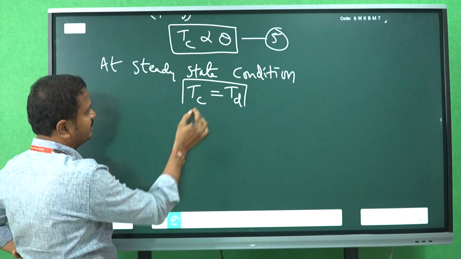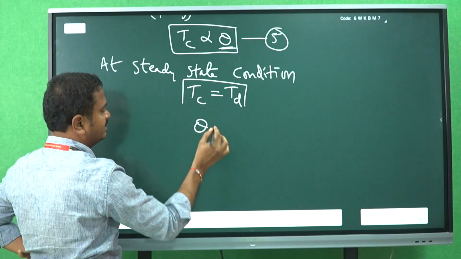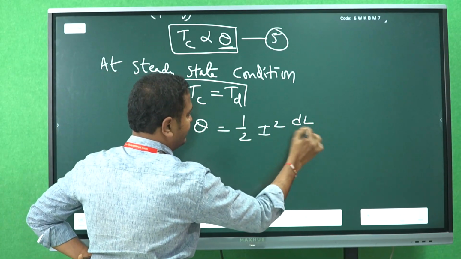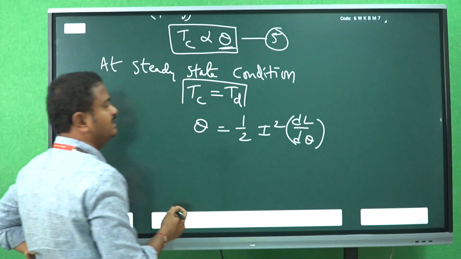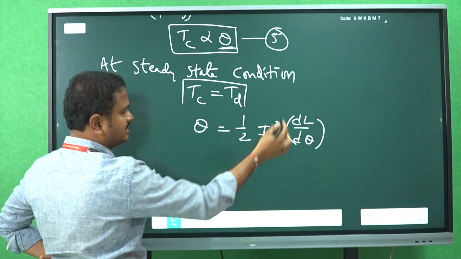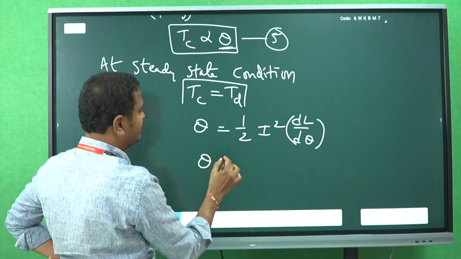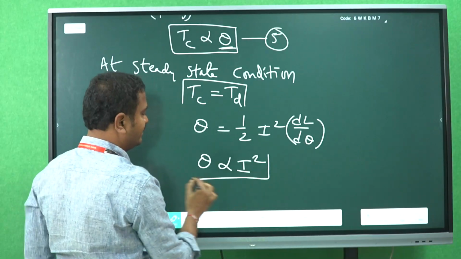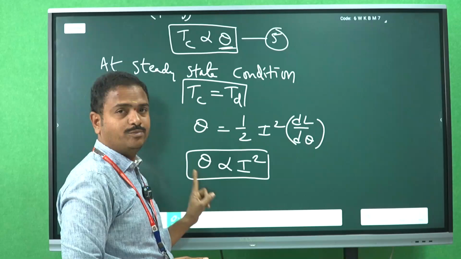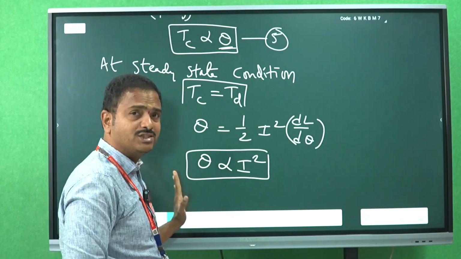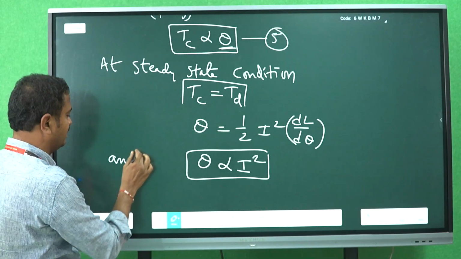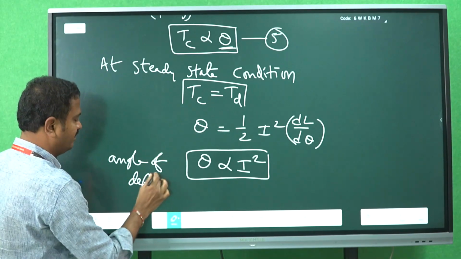Therefore, from equation 4 and equation 5, Tc proportional to theta equals half I square dL by d theta, the expression from Td. By eliminating the constant change in inductance, theta is proportional to I square. In the PMMC instrument, angle of deflection is proportional to I, but in the MI instruments, angle of deflection is proportional to the square of the current.